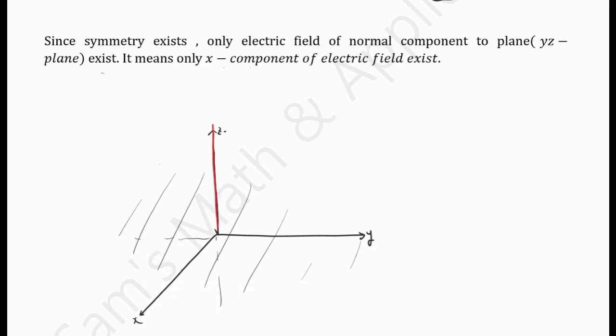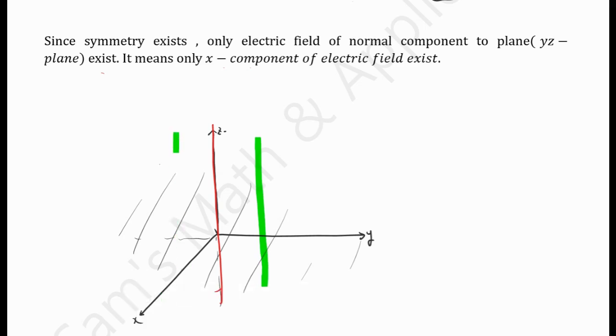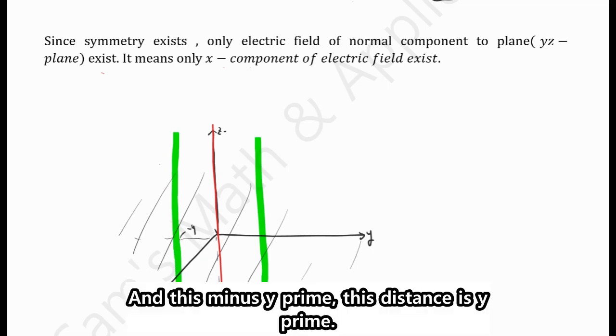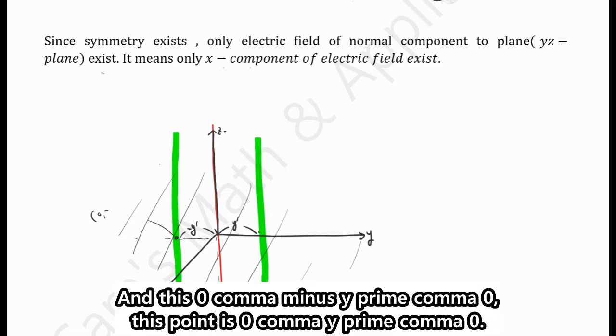The line charges are symmetric about the Z axis. For example, we consider this line charge and this line charge, which are symmetric. One is at 0, Y prime, 0, and the other at 0, minus Y prime, 0, each at distance Y prime.